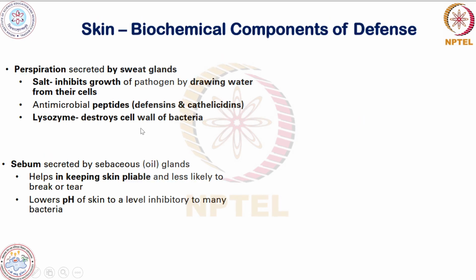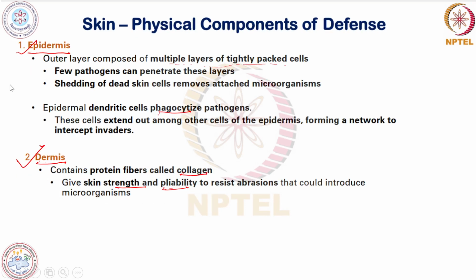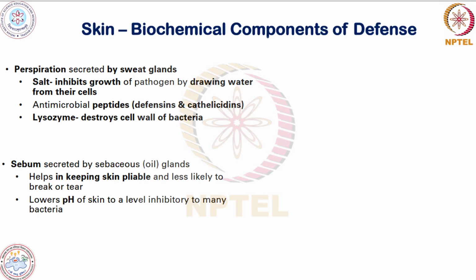The next one is skin as a biochemical component of defense. Like this was the physical component of the defense, how physically the skin can protect as a mechanical barrier. And the second one is the biochemical component of the defense, that is the chemical barrier category. Skin has the capacity for perspiration, that is sweat production.